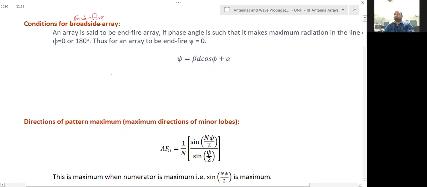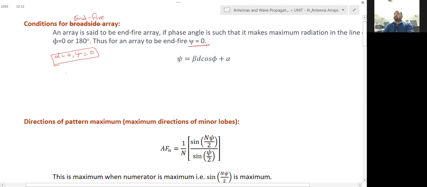So what are the conditions for broadside array? Alpha is equal to 0 and psi is equal to 0. So these are the conditions for broadside array. And now let us see the conditions for end fire array. Maximum radiation occurs when psi is equal to 0. It may be broadside or end fire array.